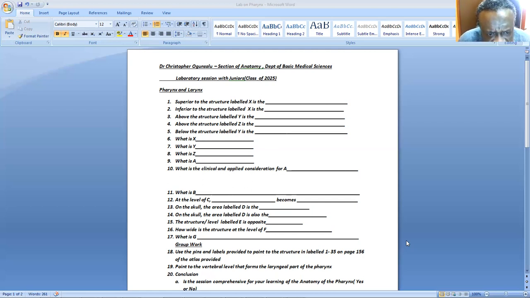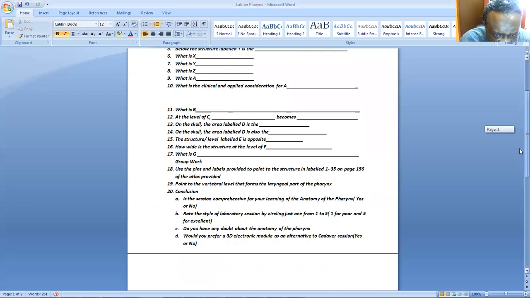It will also have the label D, and you will have a total of 19 questions, which is compulsory. The question number 20 is optional, and it will be nice for you to answer it despite the fact that it is optional, and this may assist the university in developing further in the area of electronic laboratory teaching.